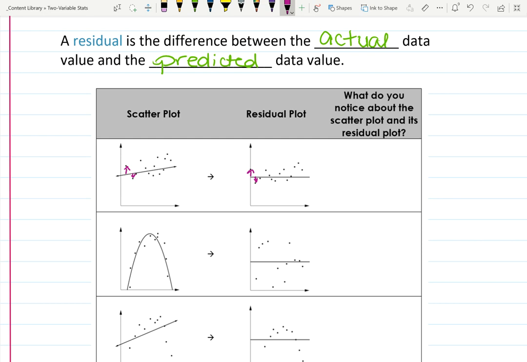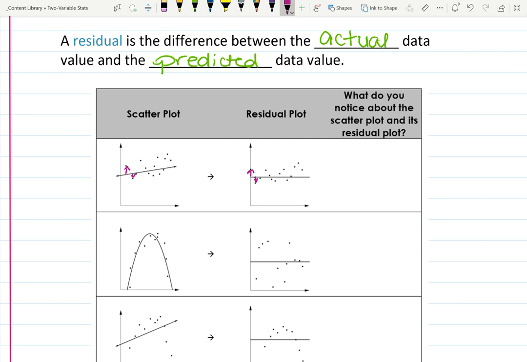If we choose the right model, the data points will be scattered pretty evenly above and below. So if we were to average it out, it would be pretty close to zero. The points that are above the line would cancel out the points that are below the line. I hope that's making sense.